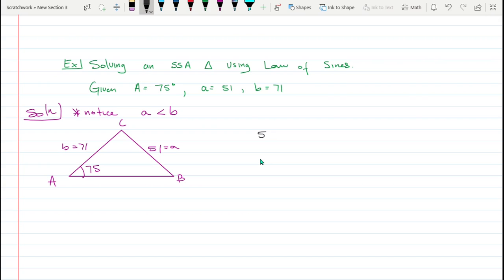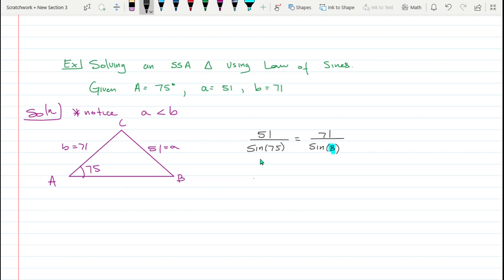Okay, so we have 51 over sine of 75 is equal to 71 over sine of B. So we'll do the whole cross multiplication in order to solve for angle B, which is the unknown in this setup.